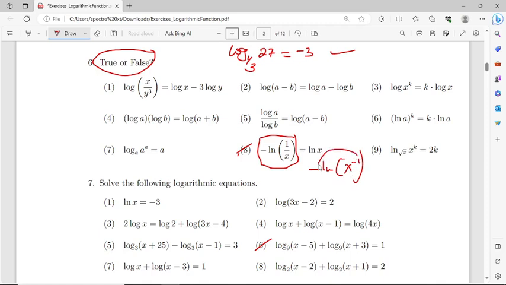So if you multiply by a negative, negative times negative is equal to positive. So this is the same as the natural log of x, which is true in that particular aspect, because this negative here will multiply by that particular negative.